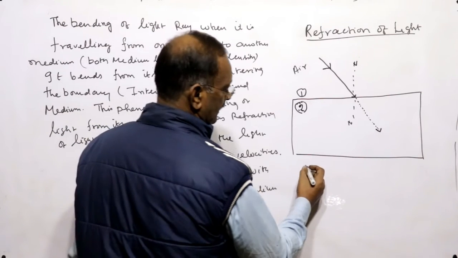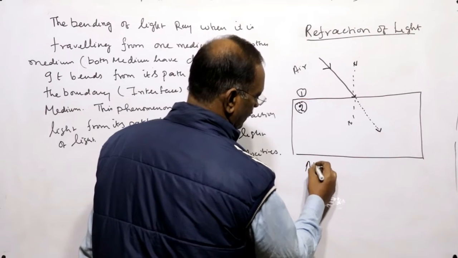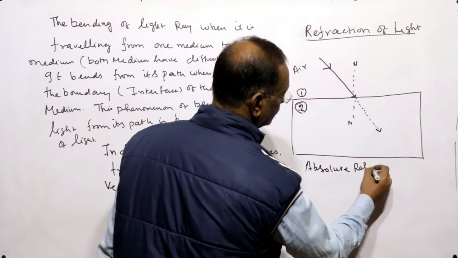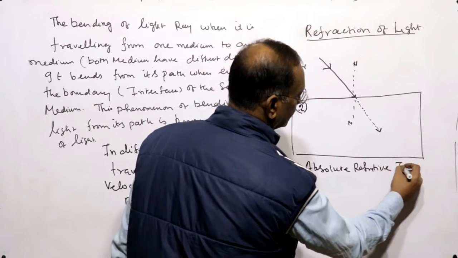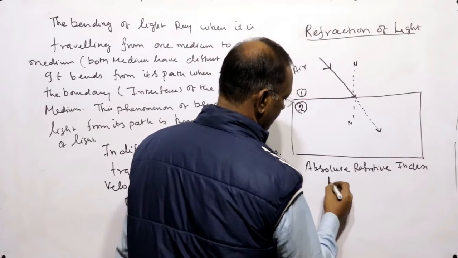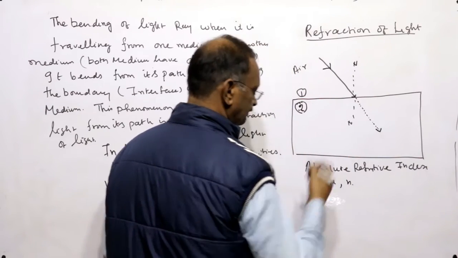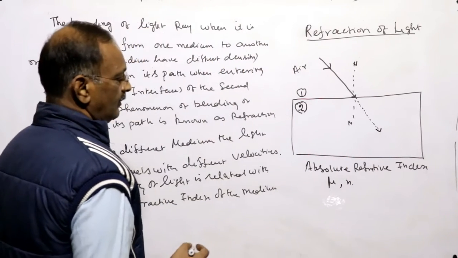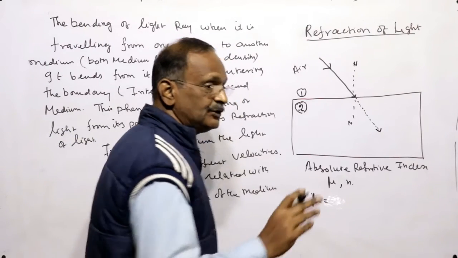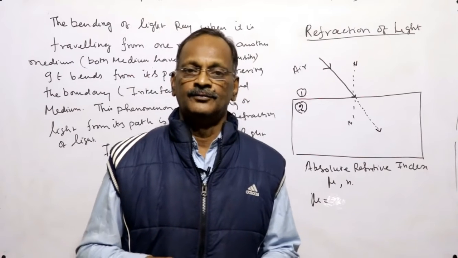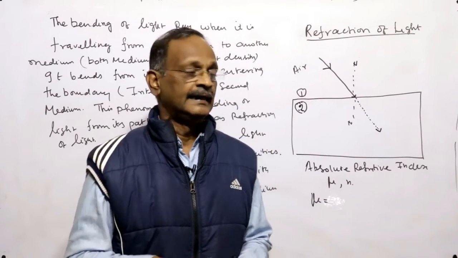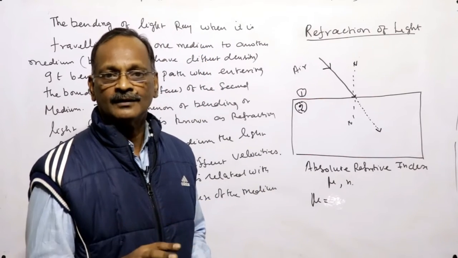Now we call one term the absolute refractive index, which is denoted by the letter mu or small n. Absolute refractive index is defined as the ratio of the velocity of light in free space to the velocity of light in that medium which we are considering.